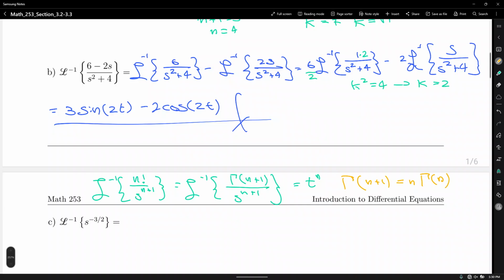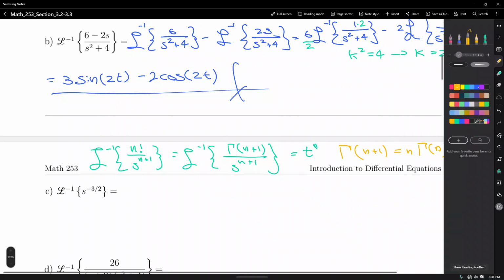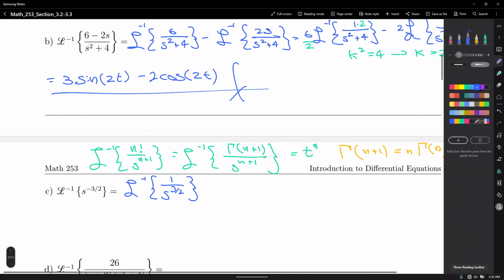All right. So, number one, this is the same as finding the inverse transform of 1 over s to the 3 halves. All right. But what is s to the 3 halves? Do you guys agree that 3 halves is the same as 1 half plus 1? All right. That's 1 half plus 1. Okay, well, so how about we evaluate gamma of 3 halves?